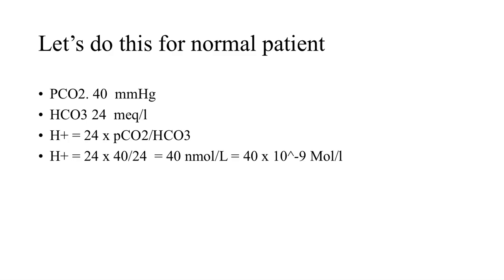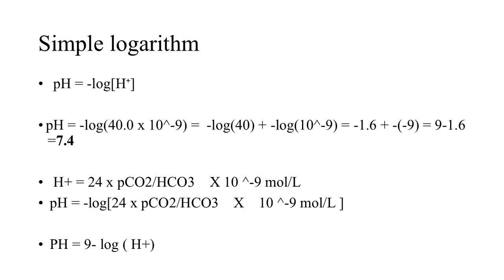So when we plug in the numbers, the 24 gets cancelled and you have 40 nanomoles per liter, or 40 times 10 to the power of minus 9 moles per liter. Because when we do the calculation of pH, we have to use this value.